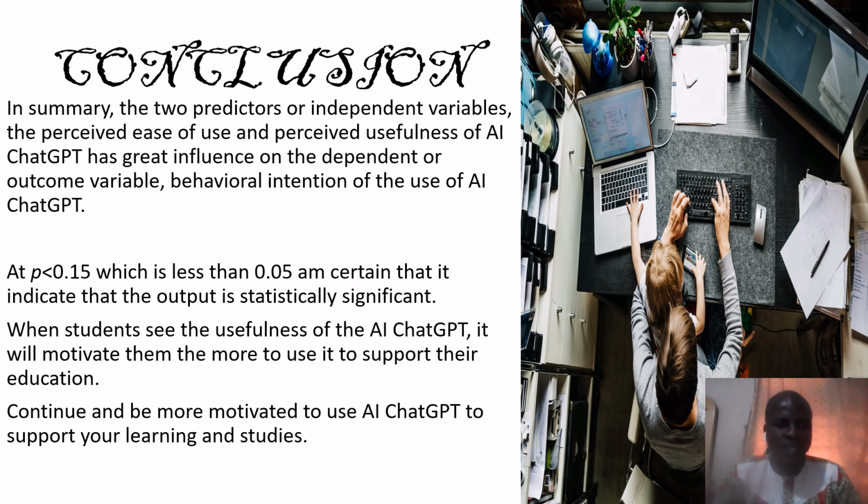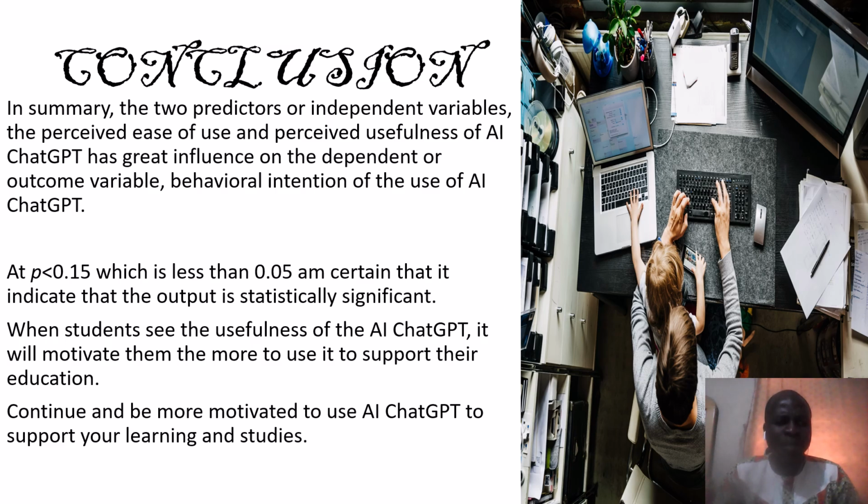Conclusion. In summary, the two predictors or independent variables, the perceived ease of use and perceived usefulness of AI ChatGPT, have great influence on the dependent or outcome variable, that is, behavioral intention to use AI ChatGPT.